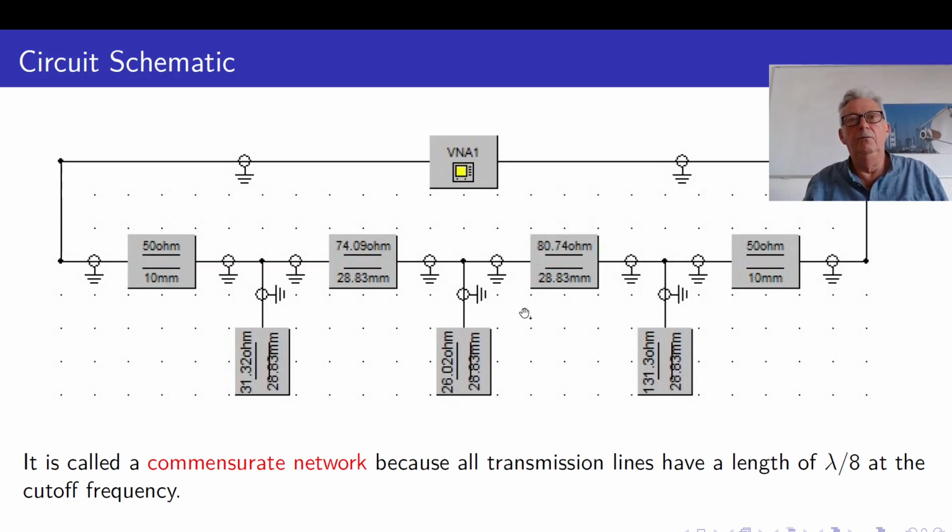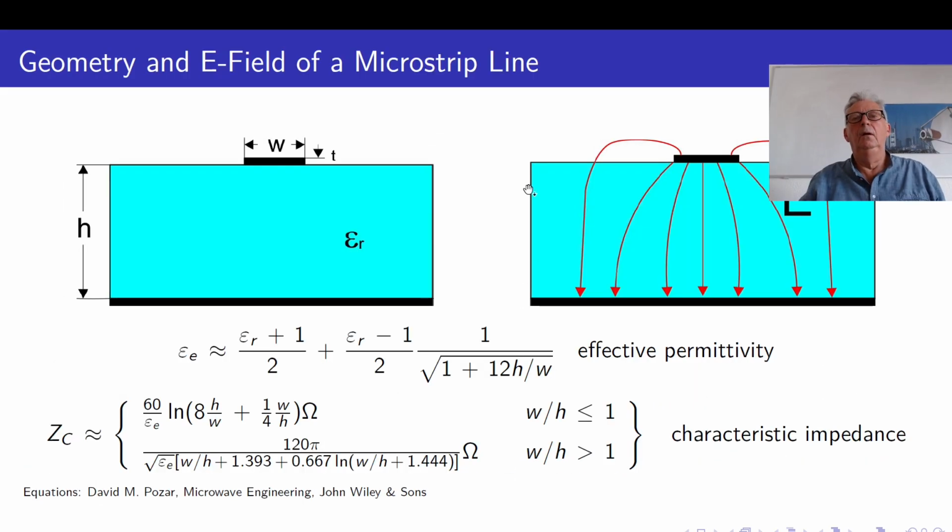But before we can use microstrip lines, I will give you a short introduction to the microstrip line. In this slide, I sketched the geometry and the electric field of a microstrip line.